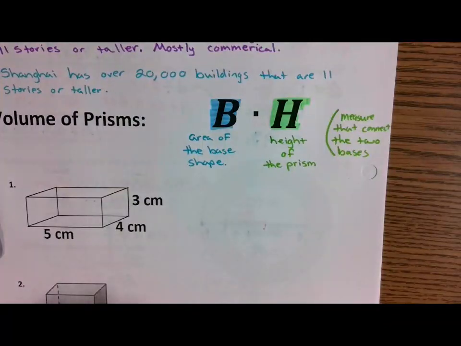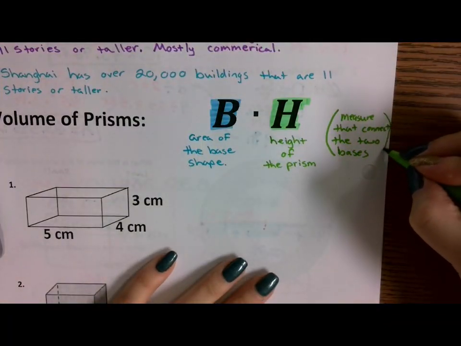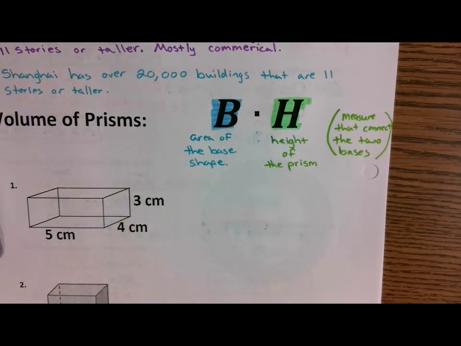It's the measurement that connects your two base shapes together. So if you've got a triangular prism, it's the length that's connecting the triangle to the other triangle. If it's a rectangular prism, it's the measurement or length that connects the rectangle to its congruent rectangle. Okay, that's what it means by height.